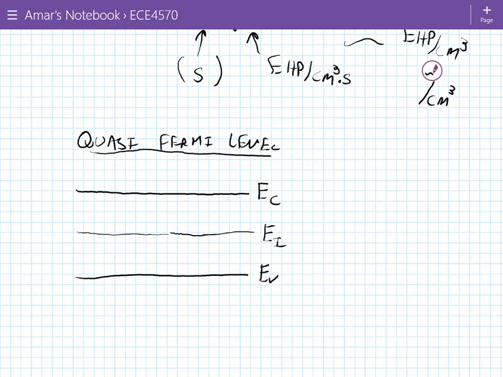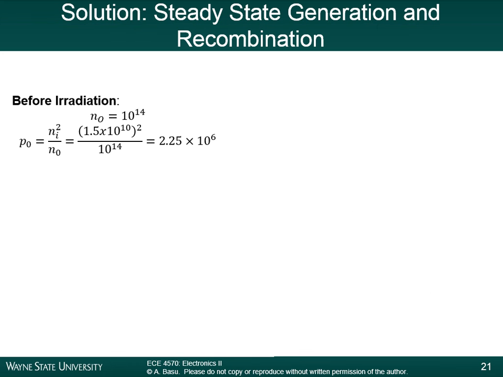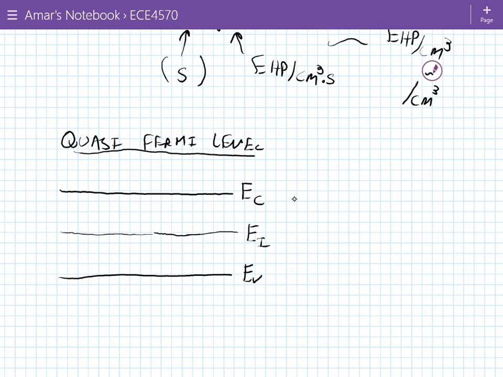So back up to this question here. The electron concentration was 10 to the 14th. This was an n-type semiconductor. So the Fermi level will appear somewhere up here, but we want to figure out the exact location.